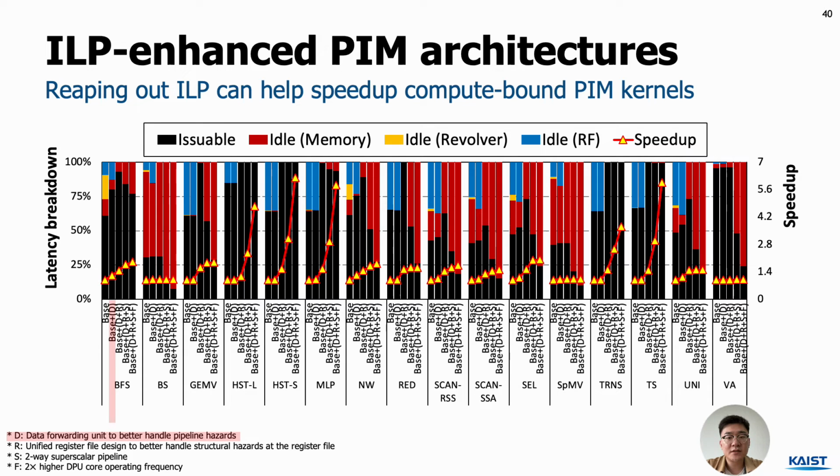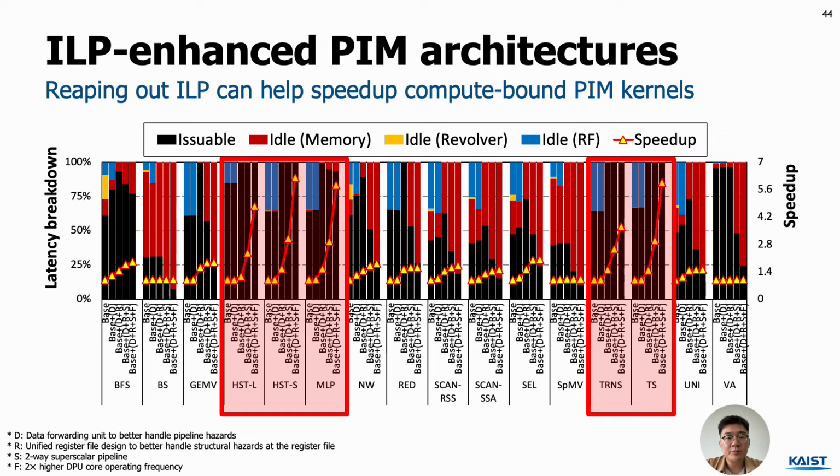Specifically, we incrementally add advanced data forwarding solutions to better handle pipeline hazards, higher register file bandwidth to reduce structural hazards at the register file, a two-way superscalar pipeline, and finally a 2 times higher DPU core operating frequency.